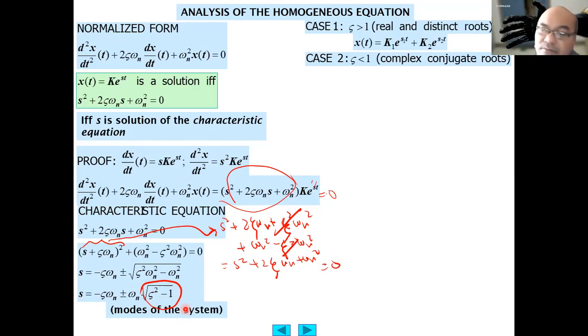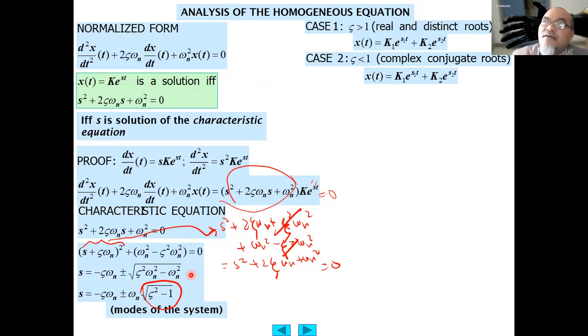So the roots become complex conjugate roots: s1 equals minus zeta omega n plus j omega n times the square root of 1 minus zeta², where j is the imaginary part. s2 will be equal to minus zeta omega n minus j omega n times that root. So x(t) equals k1 e^(s1 t) plus k2 e^(s2 t), and s1 and s2 are complex conjugate roots.